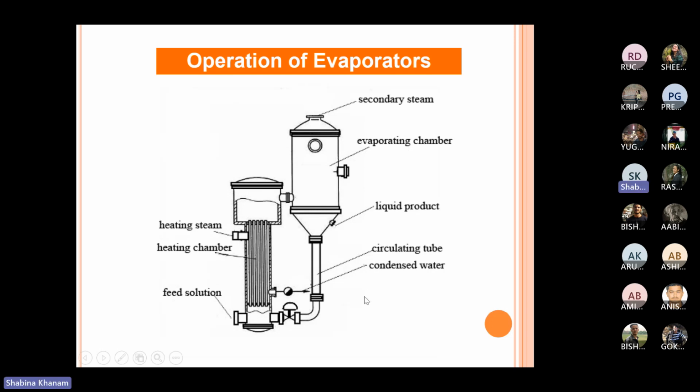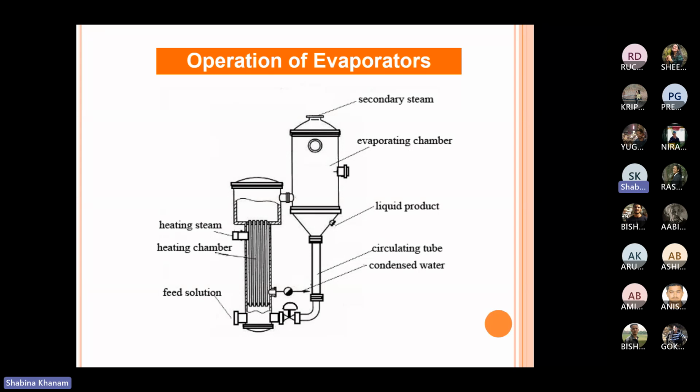The meaning of effect is basically the combination of three different units. Please understand, the meaning of effect is the combination of three different units. One is the heat exchanger, as you can see over here. Second is the vapor liquid separator, and thirdly this recirculation pipe. So these three components make any effect. Even if I say the evaporator, it is not a single component.